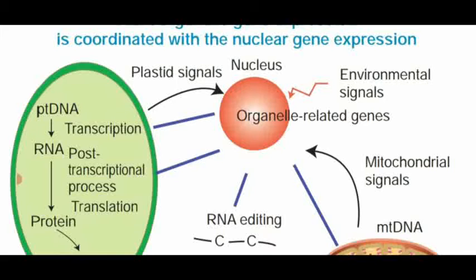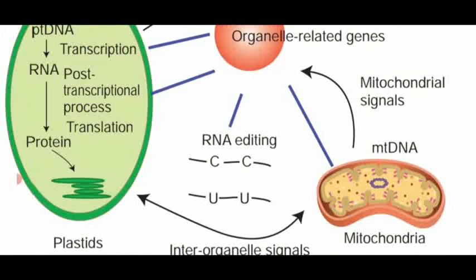So both the cell organelles are transferring the protein produced in their cytoplasmic region to the nucleus. So the nucleus contains organelle related genes. Those organelle related genes are also present in the mitochondria and chloroplast.